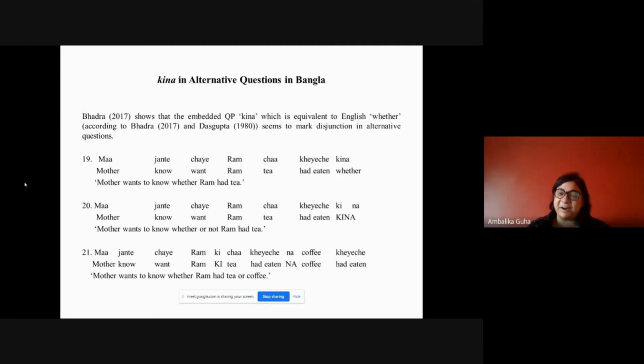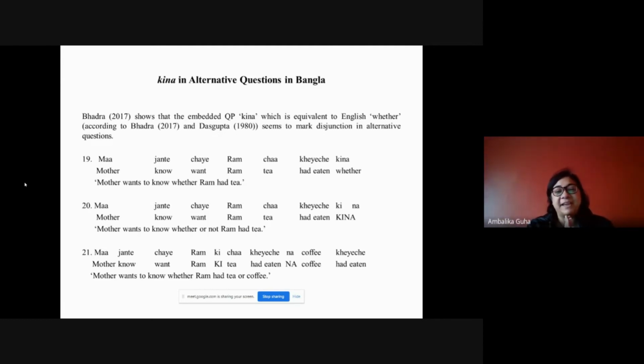There is another question particle, kina, and Diti Bhadra, in her 2017 dissertation, argues that kina is the embedded question particle, which behaves exactly like English whether, and it also seems to be an interrogative disjunction morpheme in alternative questions. So if you notice the examples in 19, 20, and 21, she proposes that in all these three examples, kina surfaces in different ways.